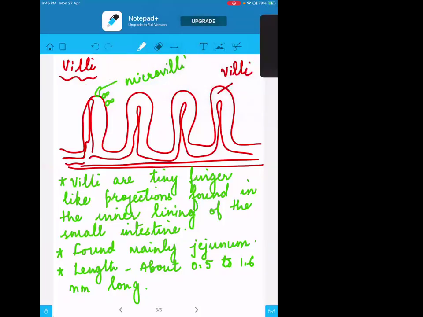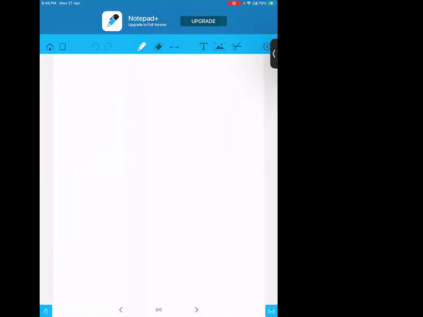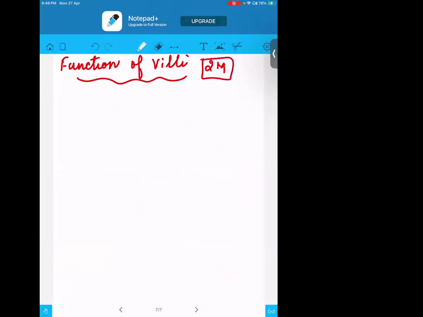Okay. Now the next one is the functions of villi. In the board examination, they ask for 1 mark the definition, what are villi, and for 2 marks, write the functions of villi. Here you should mention at least 2 functions out of the 4 functions, then only you will get the marks.